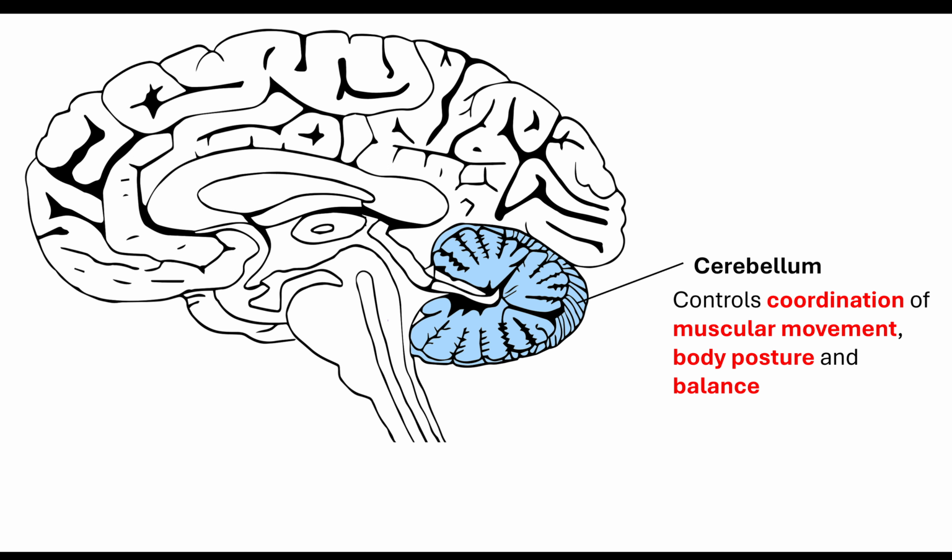It is important that we understand that the input information goes to the brain, and then that is sent to the cerebellum so that it can coordinate those muscular movements, body posture and balance. So the cerebellum is about the coordination, not the receiving of the sensory input. That sensory input goes to the cerebrum. The coordination is through the cerebellum.